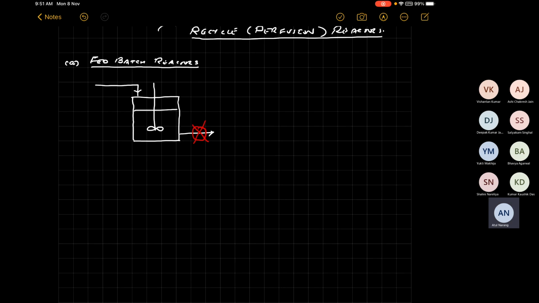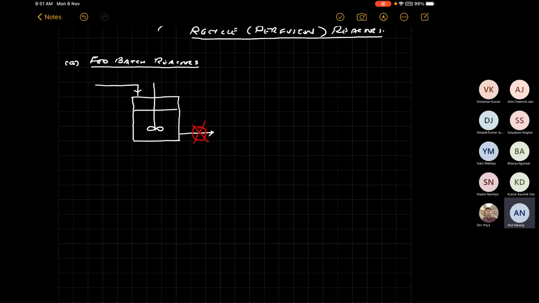Because they go from a density of 0.05 to 0.1, and then 0.1 to 0.2, then 0.2 to 0.4. Whereas in a continuous reactor, after that initial transient, you're always maintaining high cell density.